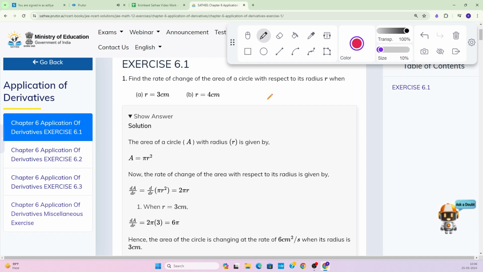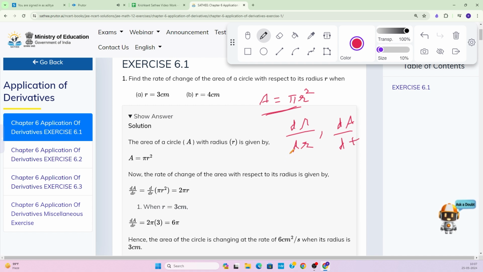You must know about the area of a circle. The area of a circle is pi r square. Then, according to the question, you must know whether you have to find dA by dr or dA by dt.